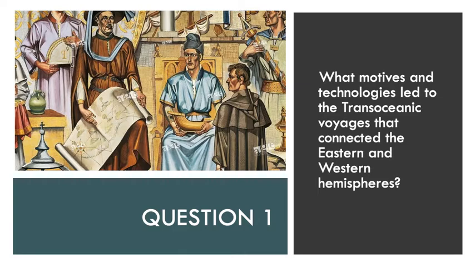We're going to look at the first question, and the first question is: what motives and technologies led to the transoceanic voyages that connected the eastern and western hemispheres? So pause and record the question. What we're going to look at now is understanding what it was that drove Europeans to explore.